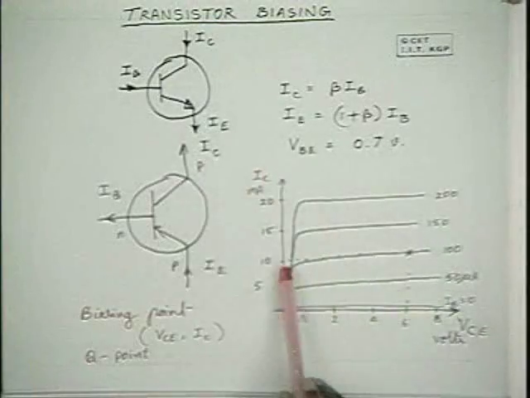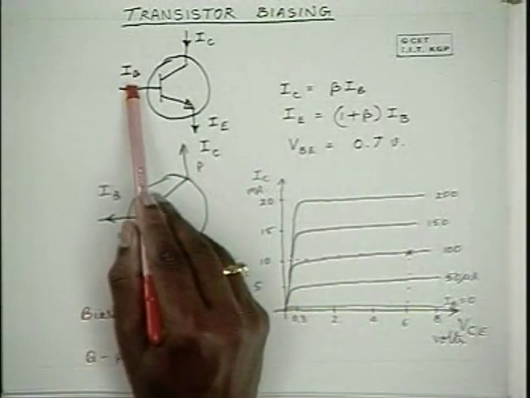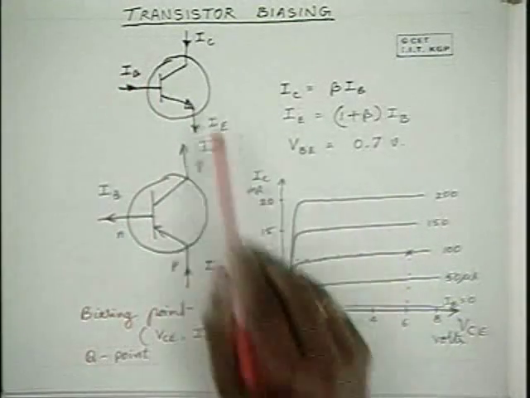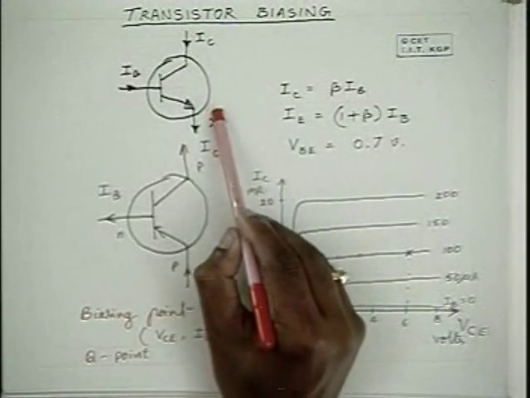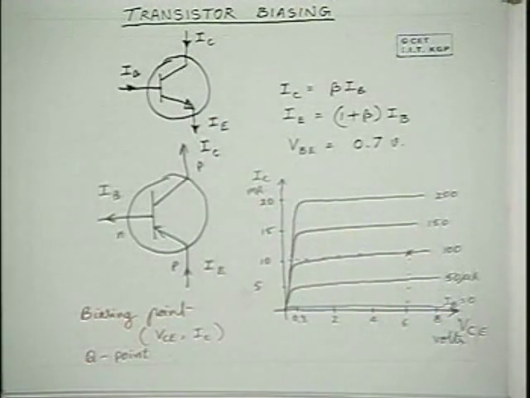Say it produces a base current of 100 microamperes, a collector current of 10 milliamperes, and a collector to emitter voltage of 6 volts. So this is how it is specified. Hence, it is known as a quiescent point, because under quiescent conditions, the voltage between the collector and emitter, and the collector current, indicate the quiescent point.